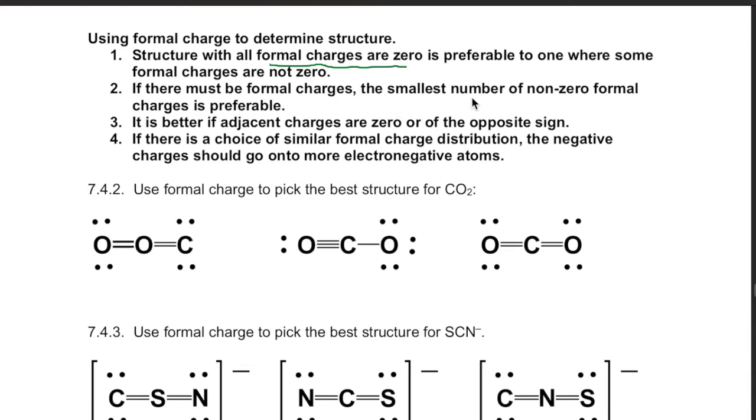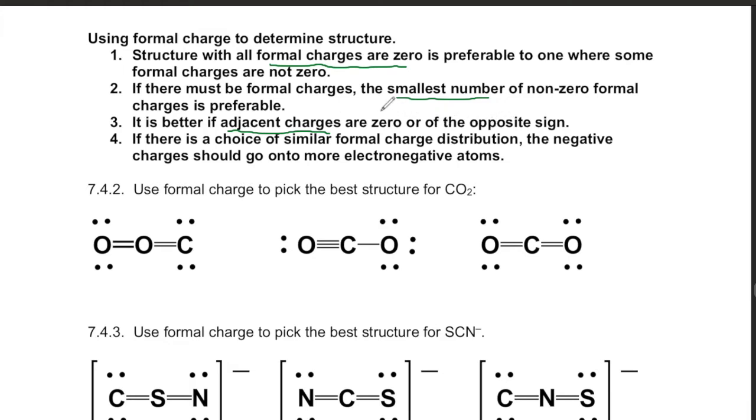If you have to have some formal charges, try to keep the number of them, and their size, as small as you can. It's better to have a +1 and a -1 than a +2 and a -2. If you have adjacent charges, it's better if they're 0 or of opposite sign.